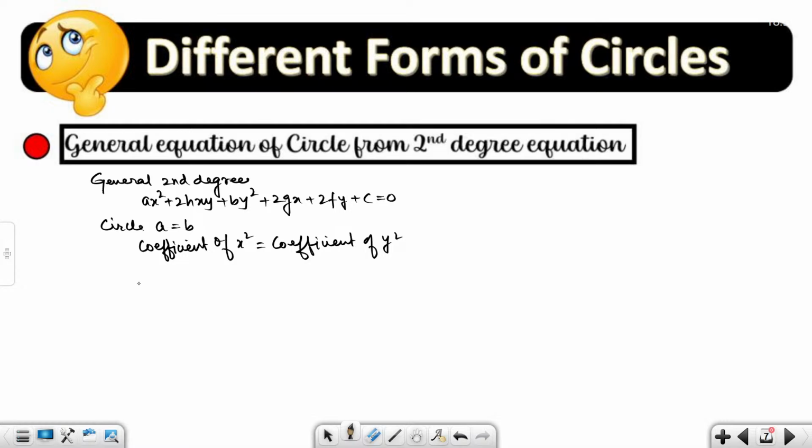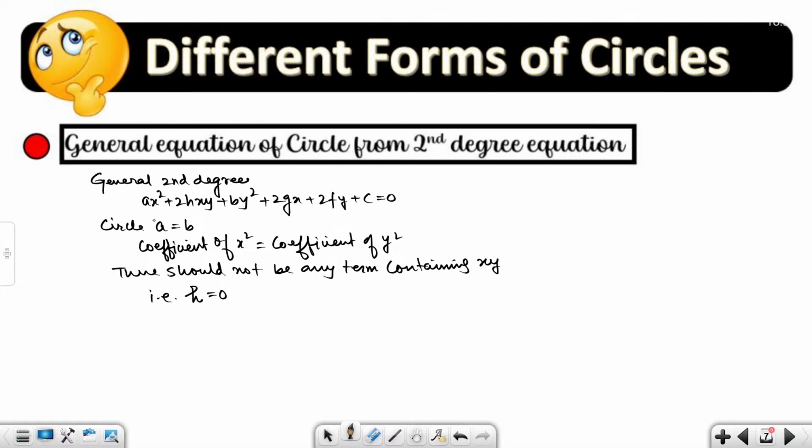And the second condition is that there should not be any term containing xy. That is, your h has to be equal to 0.